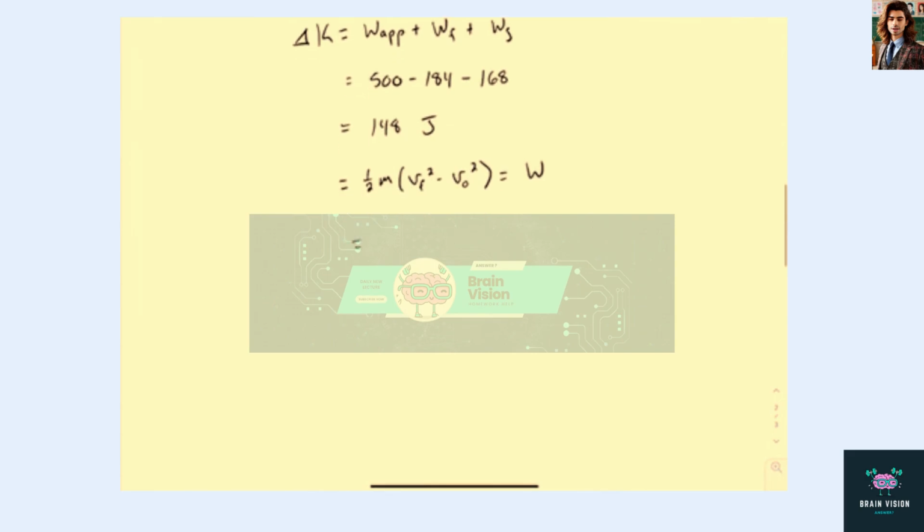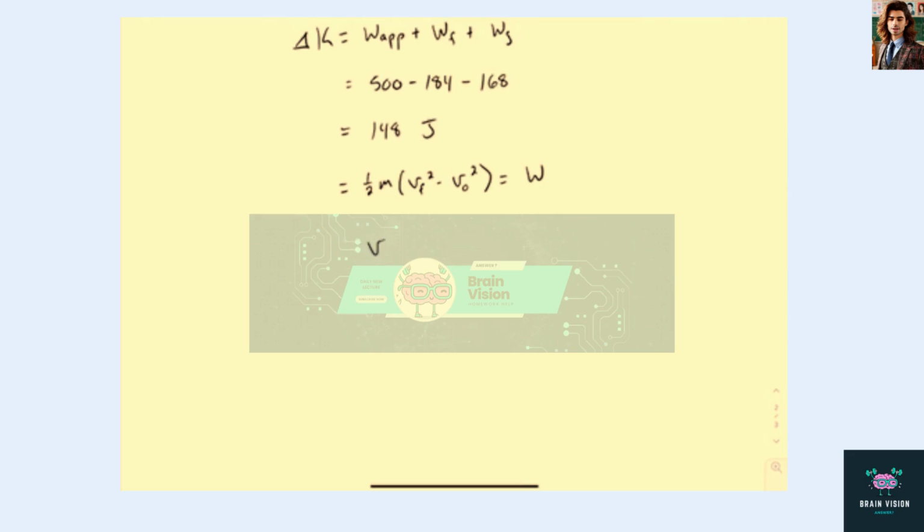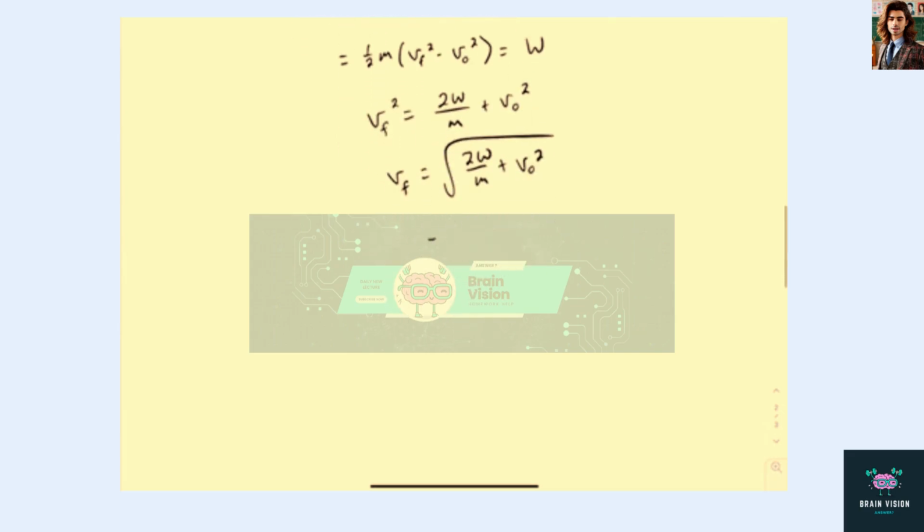We're solving for v final here. So v final squared is going to be 2 times the work divided by the mass plus the initial velocity squared. We'll take the square root of all this and then plug in the numbers.